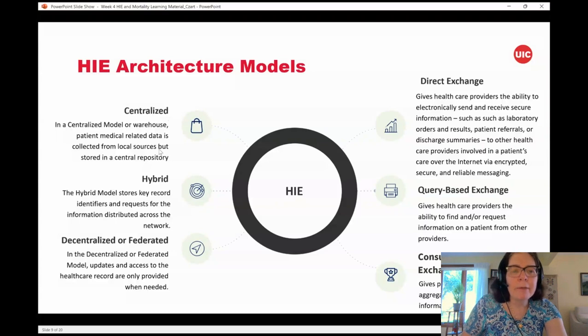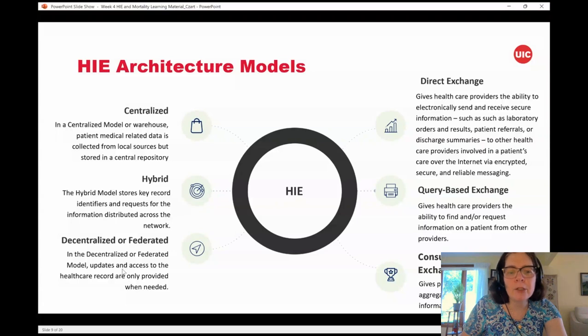However, for privacy and security concerns, most hospitals deal with the hybrid, which means that they have a certain amount of data available in real time, but certain data will have to be requested.